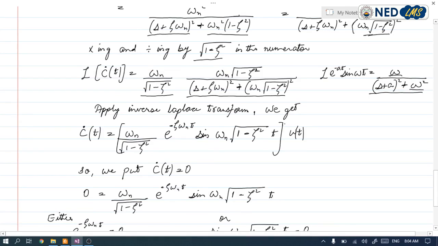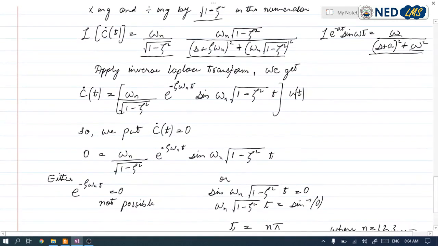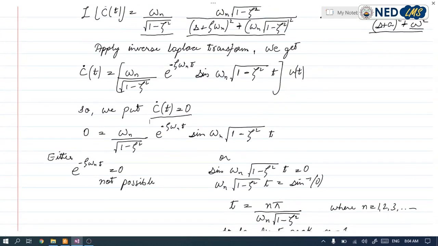After getting the time response we put the derivative term equal to 0 at this point. After putting this value equal to 0, we have two time functions, this and this.